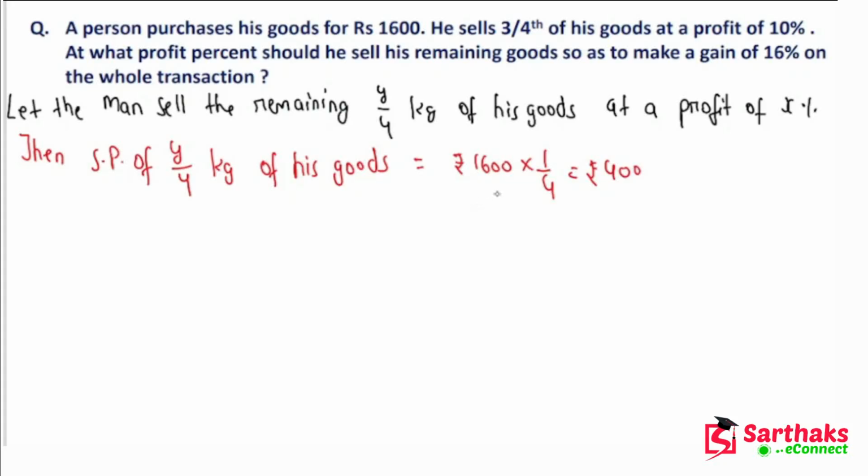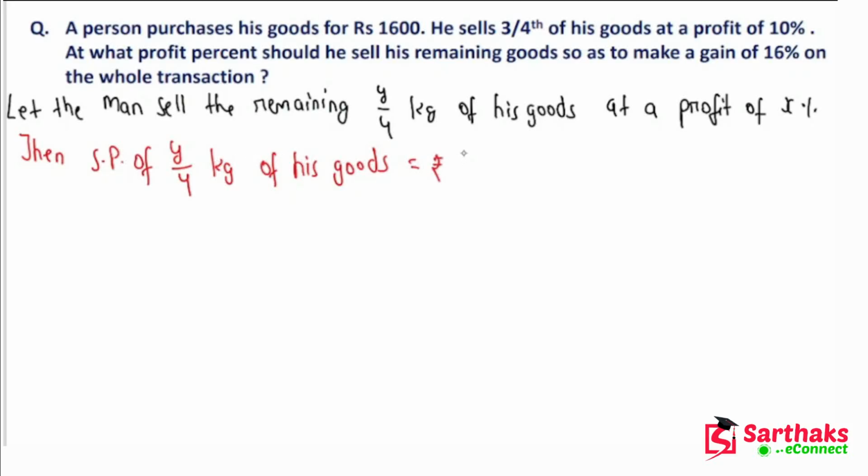Not 1600, it would be the cost price. So the cost price of y by 4 kg of his goods would be rupees 400.